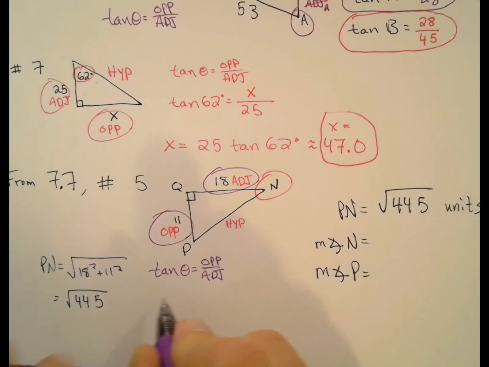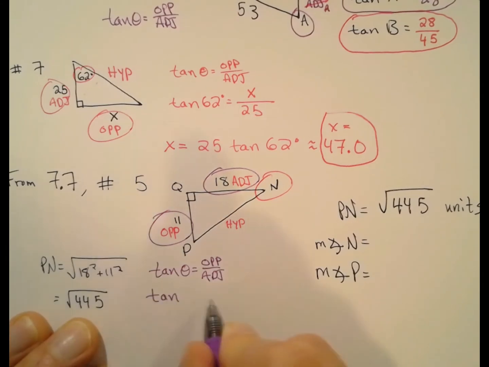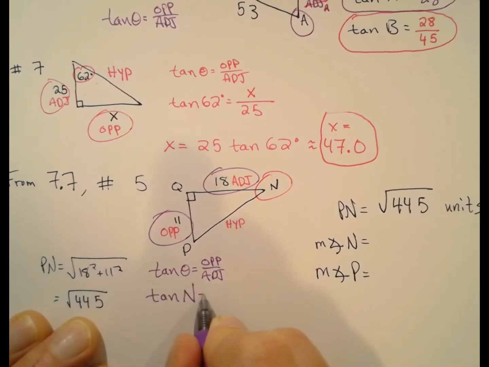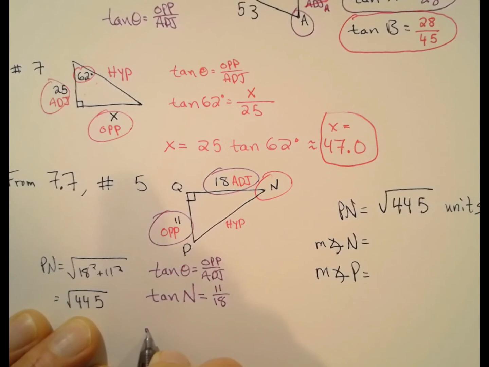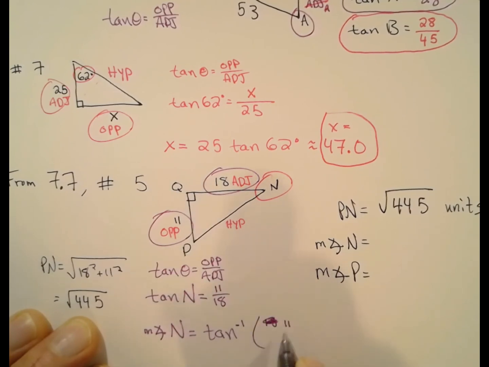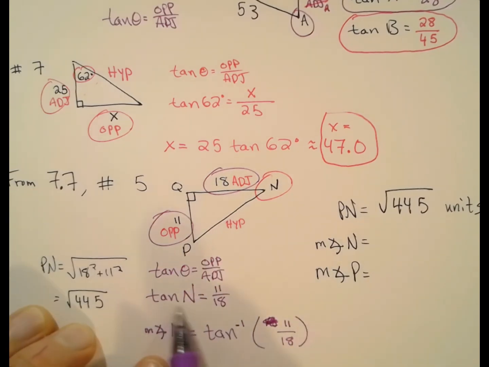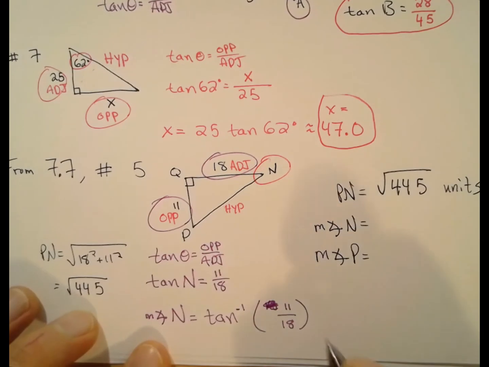Anyways, so substituting info from the problem, tangent of angle N is the opposite side, 11, over the adjacent side, 18, and this is where inverse trig comes into play. We use inverse trig whenever we're solving for an angle. It's how you separate the N from tangent. You take the inverse trig of both sides.